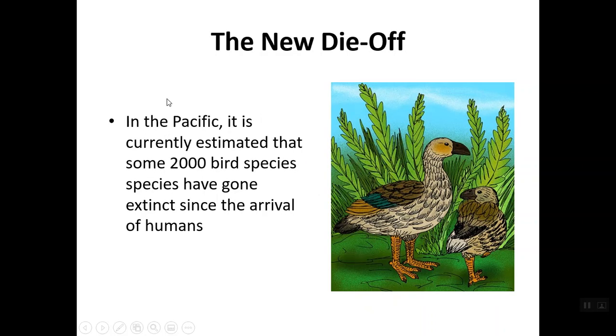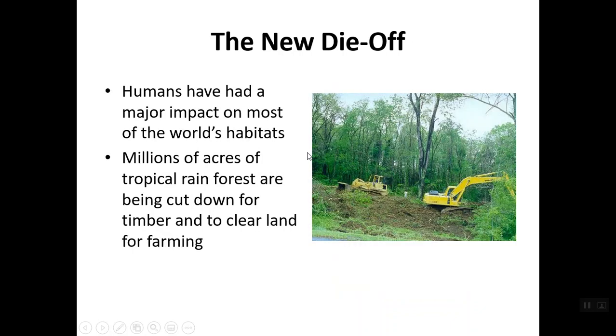In the Pacific, it is currently estimated that 2,000 bird species have gone extinct since the arrival of humans. We have so many more examples. And again, why all these die-offs? It's because of activity like deforestation, cutting down trees. It deprives especially birds of their environment, as simple as that.